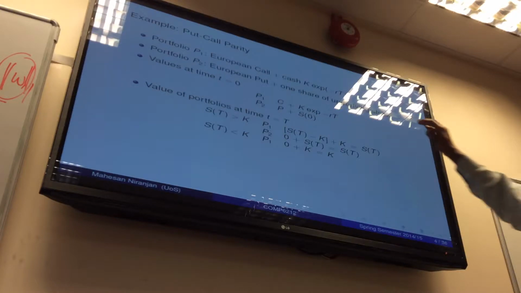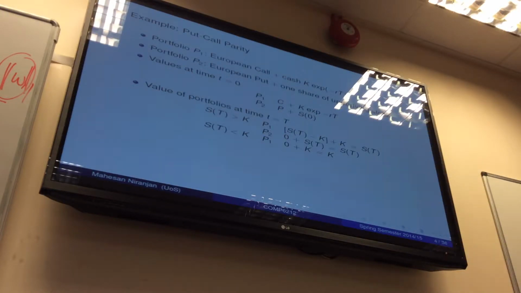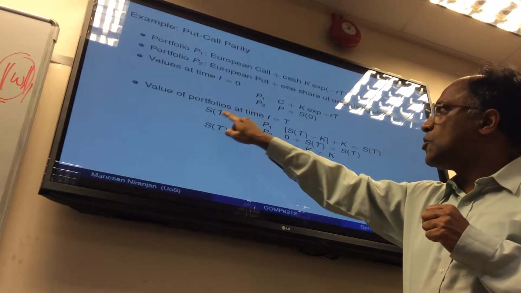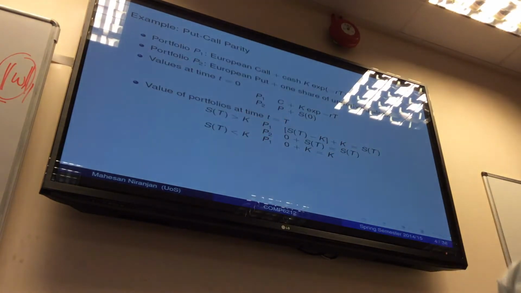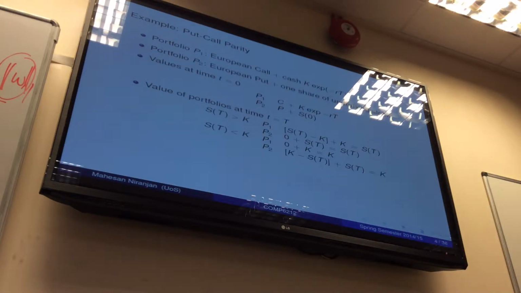The other consists of a put option and one share of the underlying stock. It turns out that in either case, at time t, whether the stock price is greater or less than the strike price, I will have the same value of my portfolio.